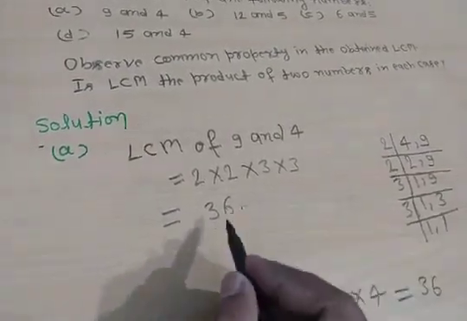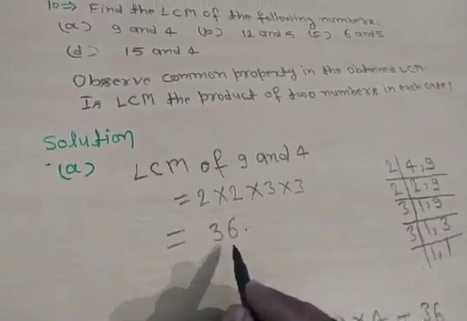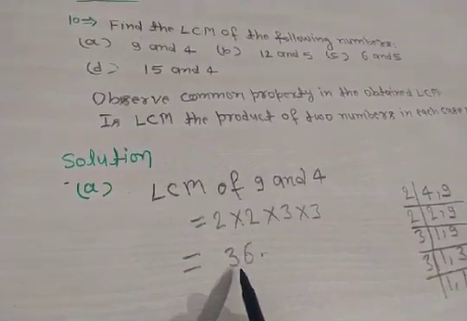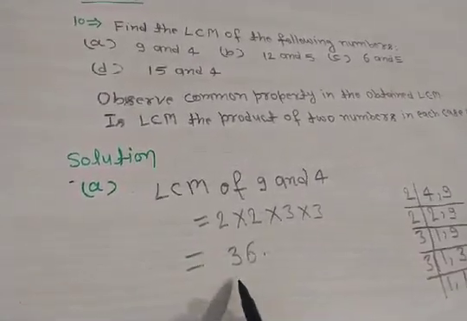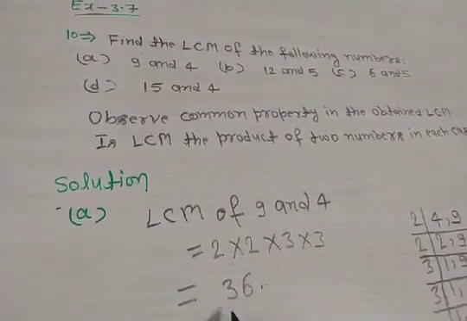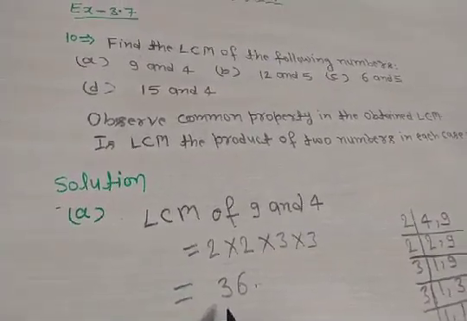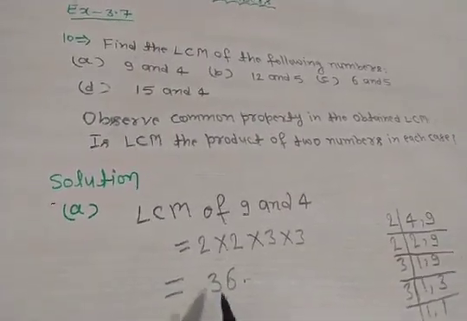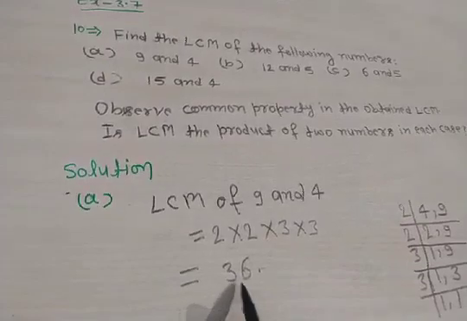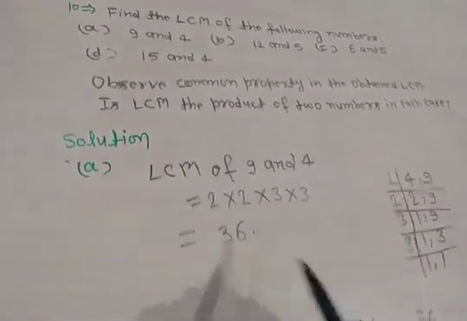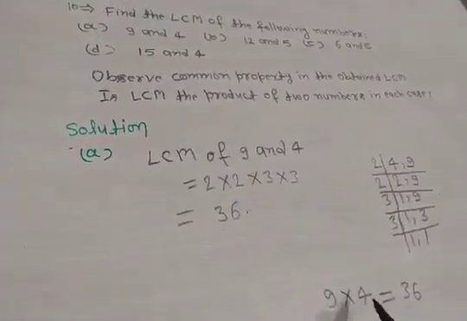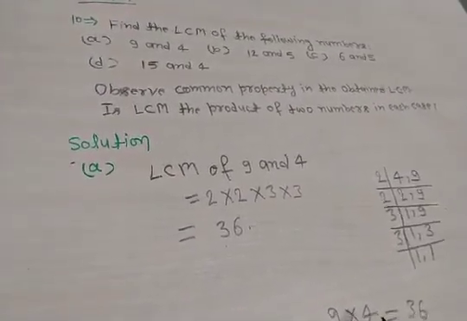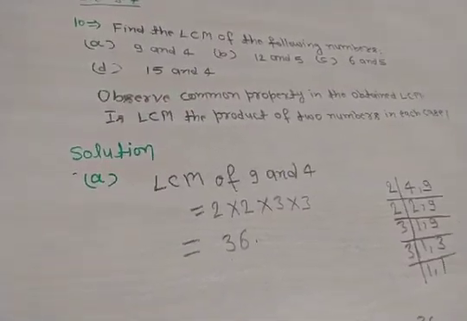So you can see here the LCM is the product of the two numbers. Clear? Observe the common property in the obtained LCMs: each LCM is the product of two numbers in each case. In the first case the LCM is the product of 9 and 4, because 9 into 4 is 36.